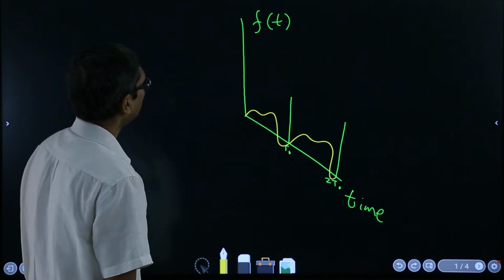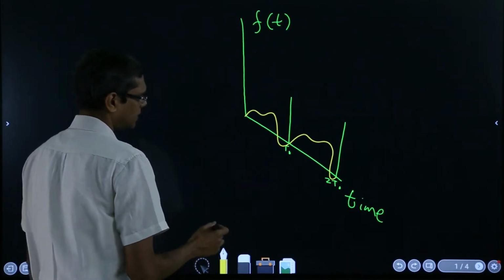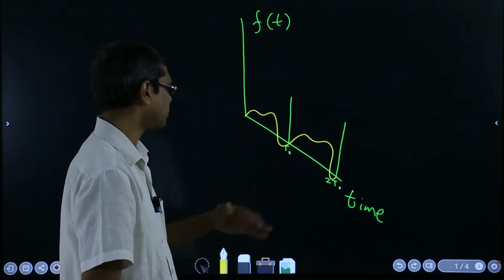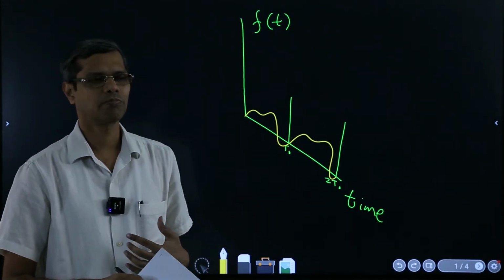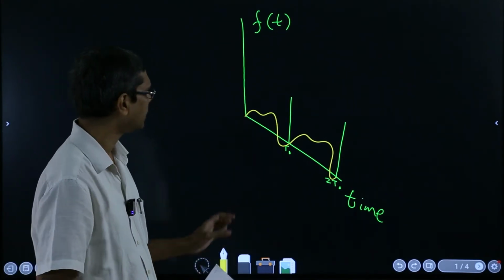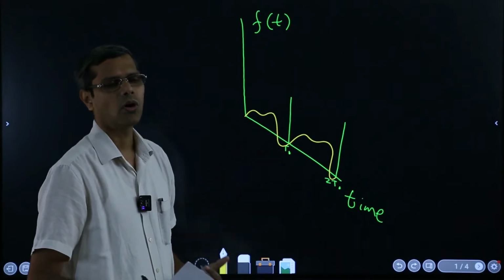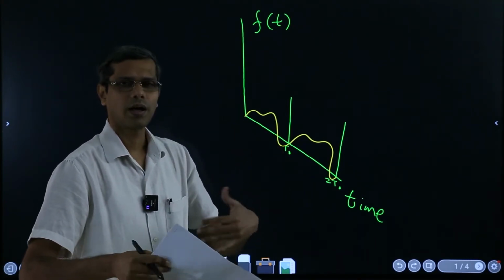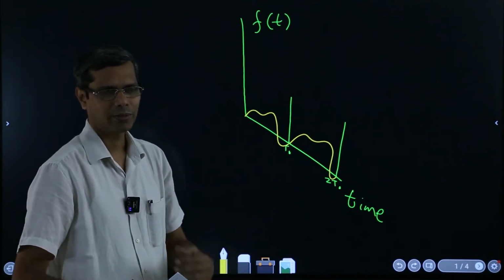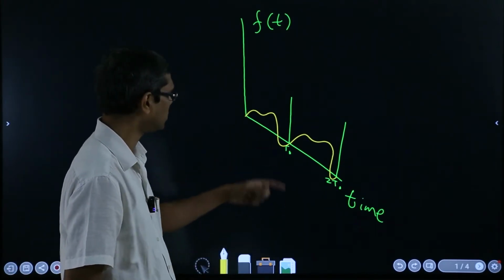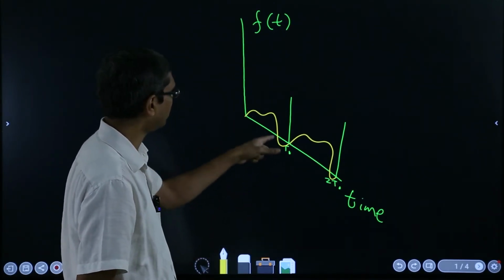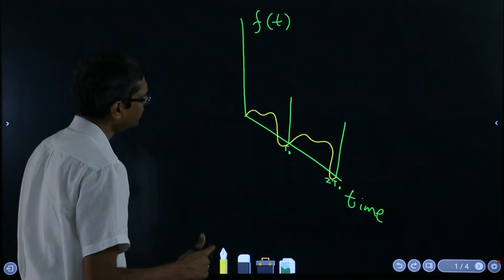Now, if such a function exists, then our Fourier series tells us that it can be split into various sinusoidal functions of periods which are either the same as this t naught, or half of t naught, or one third of t naught, like that. That means the frequencies corresponding to those sinusoids will be integral multiples of the fundamental frequency.